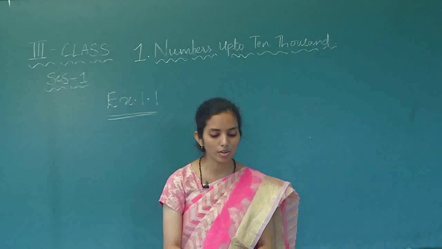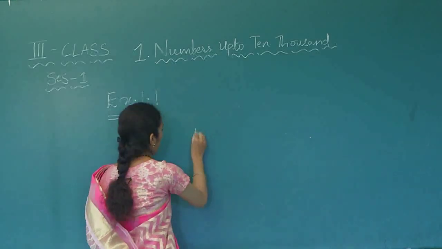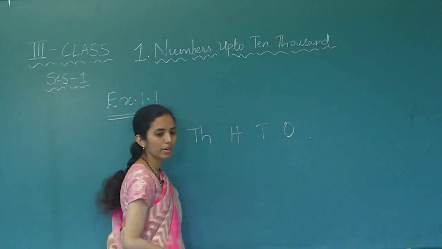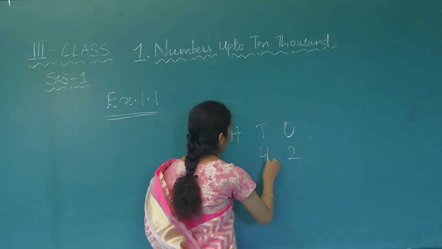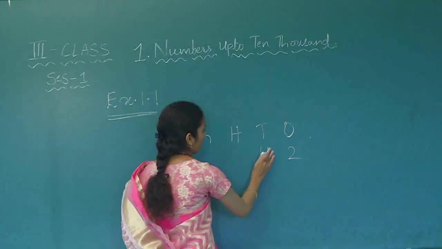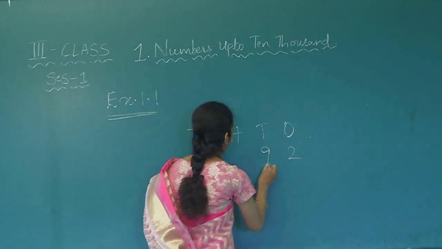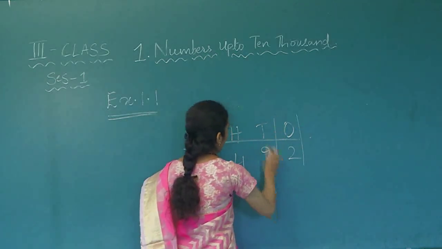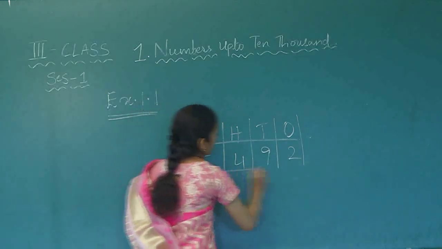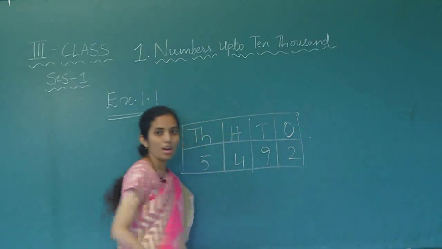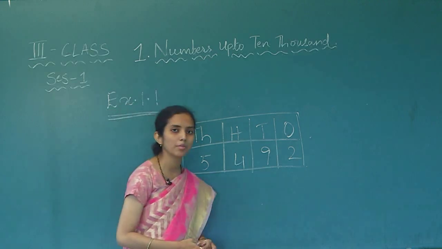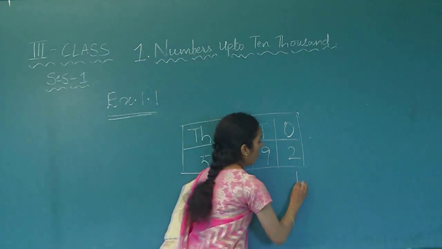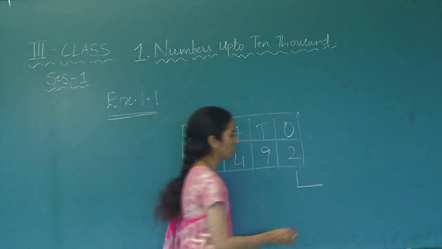So, what are place values? Textbook example: 2, 9, 4 and 5. So, ones, tens, hundreds and thousands. What does that mean? How many ones are there? 2 ones are there.